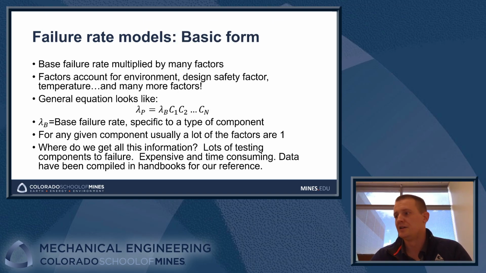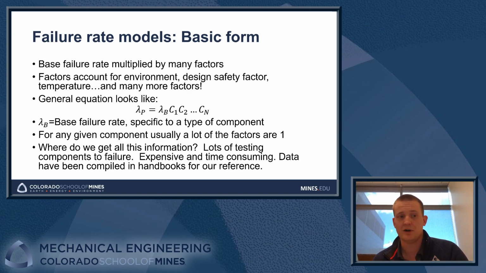All right, so let's talk about how we calculate this lambda p value. Typically, we'll be using a failure rate model. A failure rate model has a base failure rate, which is multiplied by a whole bunch of different multiplying factors that take into account different things: the environment, the design safety factor, temperature, basically anything you could think of that would have an impact on the reliability of a given component.